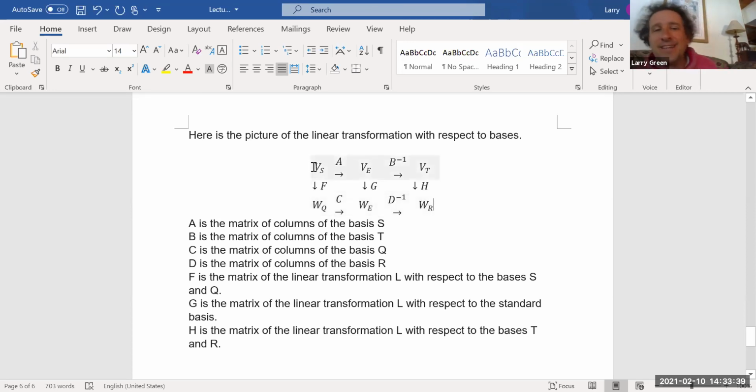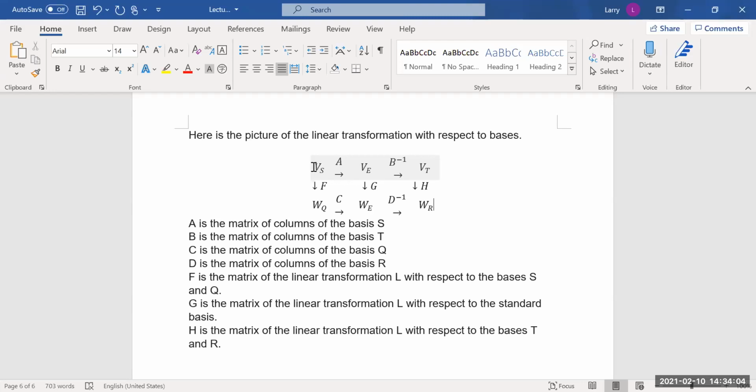And the nice thing is what you want to happen is true. If you wanted to start at this VS and end up with this WR, is there only one way to get there? Arrows are roads, by the way. Or do you have lots of choices to get there? Yeah, there's a whole lot of choices.